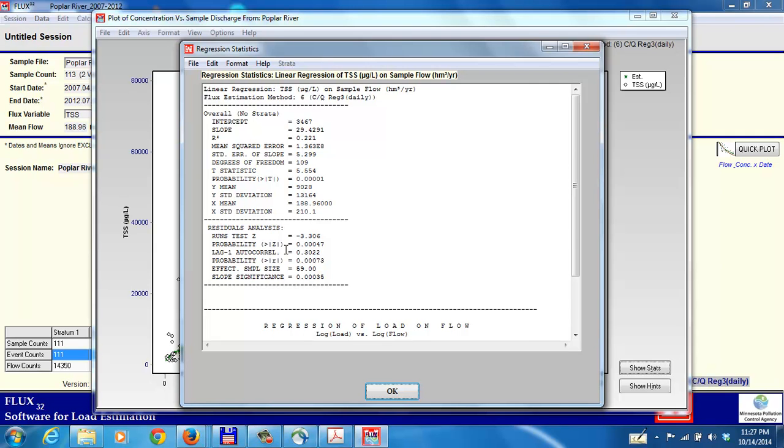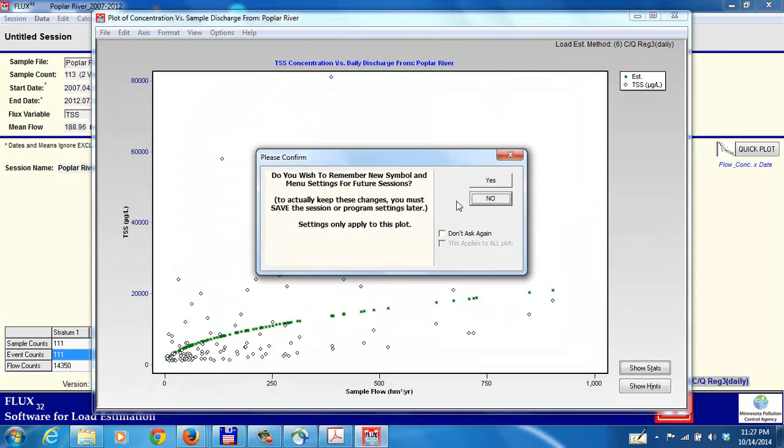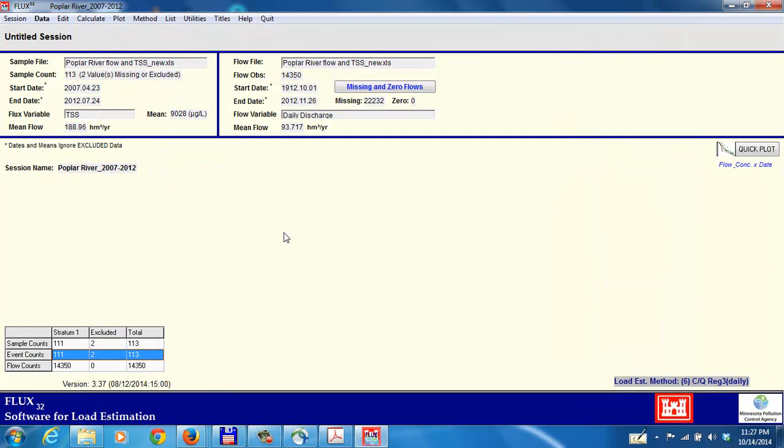So you get an idea as to how good the fit is of that regression equation for method 6 to the relationship between TSS and flow. We'll come back later and take a look at the stratification of the flow data.